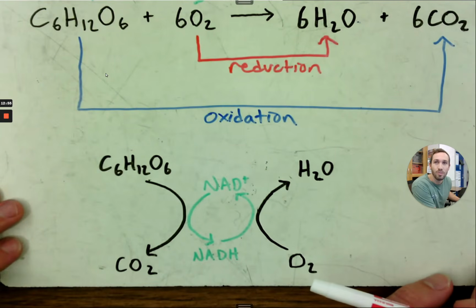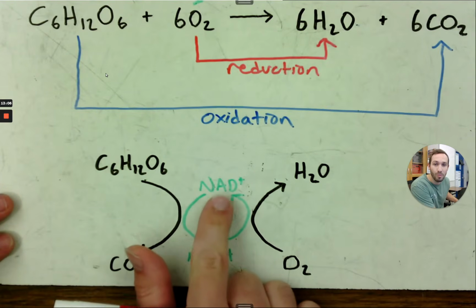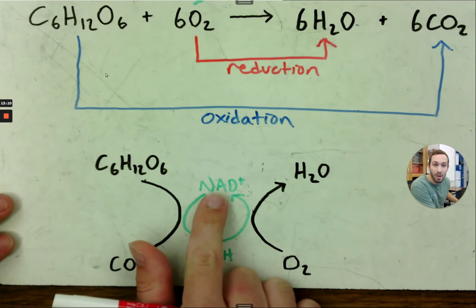But again, these are molecules whose job is just to transport electrons that they stole from someone and bring them somewhere else. In cell respiration, one of the main electron carrier molecules that we're going to see is NAD+. NAD+ is technically a coenzyme. So it's a small molecule that helps enzymes perform different reactions, basically by providing them with electrons that they're going to need for those reactions.